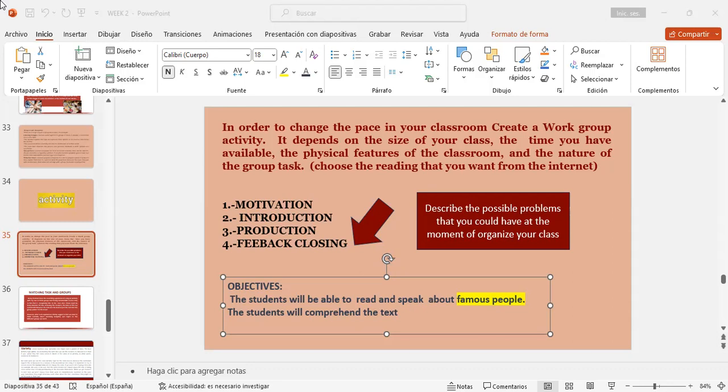We can give information, so maybe say if he or she has participated in any kind of movie, or maybe is a person well known for, I don't know, helping others or sports. So that is for motivation, just to describe. And students, because they have the pictures around the classroom, can look at the pictures and try to guess who we are talking about. That's for motivation.